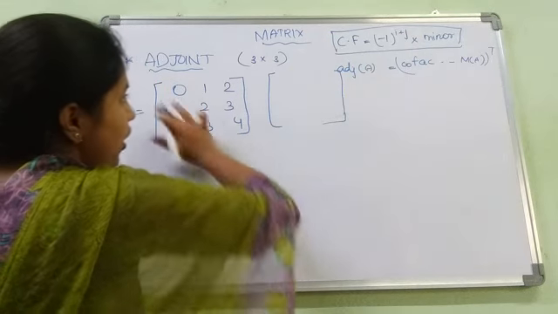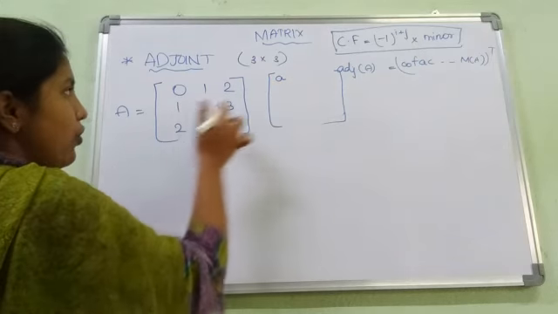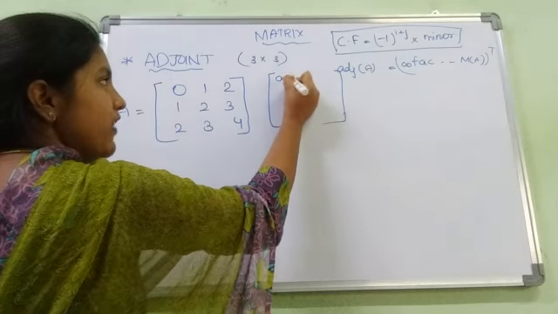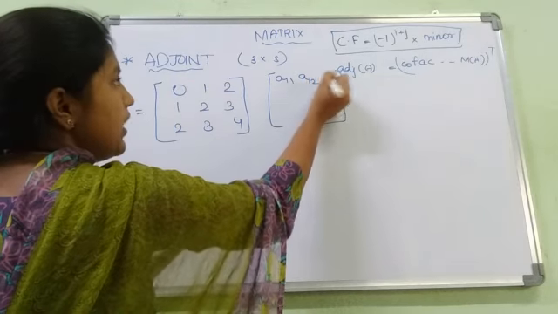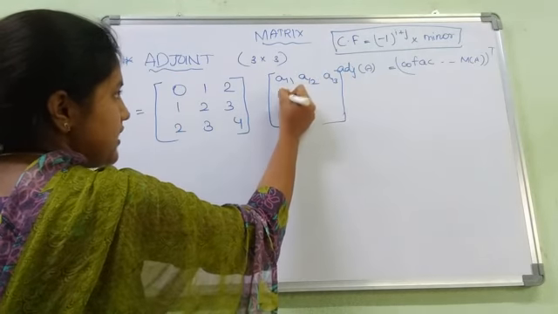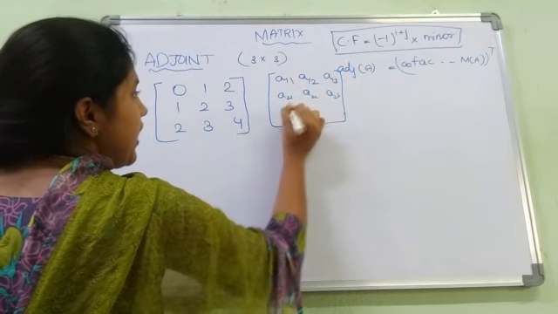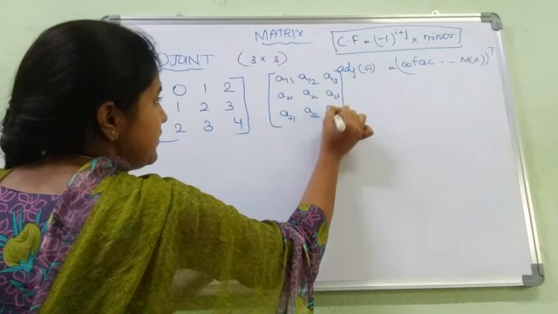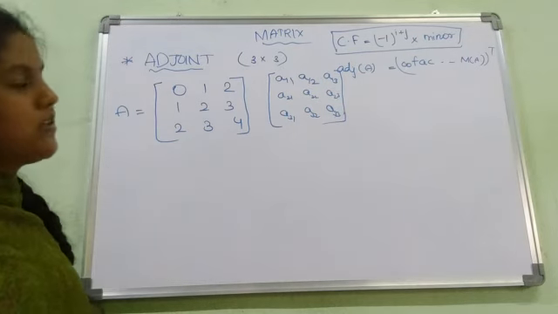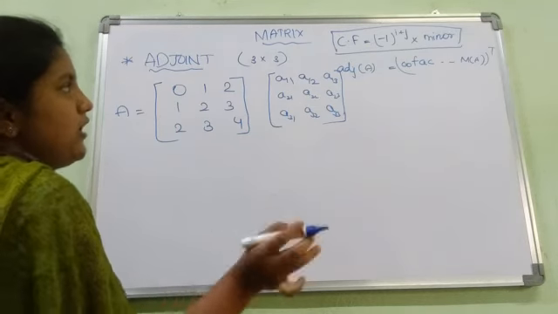Suppose these are all A elements. This has first row, first column, so A11, this is first row, second column, so A12, and this is A13, and this will be A21, A22, A23, A31, A32, A33. Remember these numbers, then you'll get it easily.